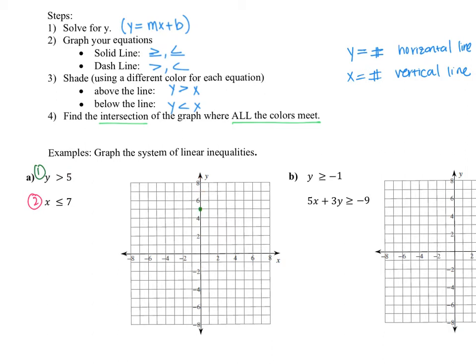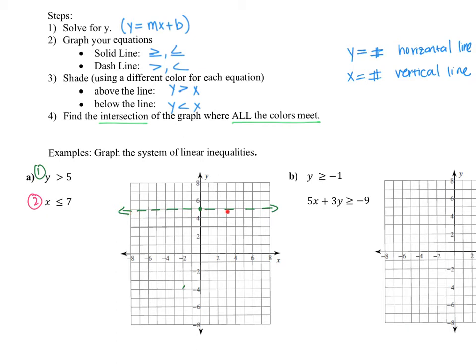And if I were to draw this line, there's no slope here, right? This is just the y-intercept. So that means I'm going to be drawing a line that cuts through the y-axis. And if you look at this inequality here, this needs a dashed line because there's no equal sign. So I'm going to make a horizontal line where y equals 5.